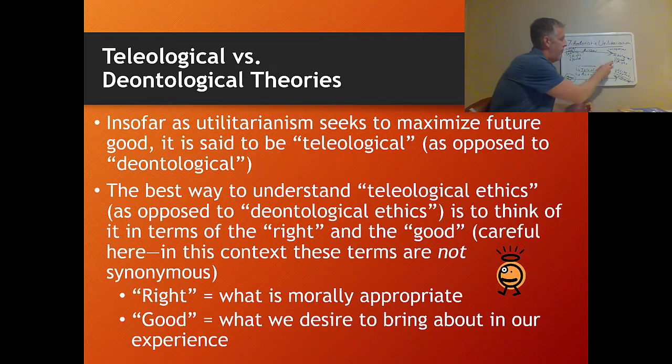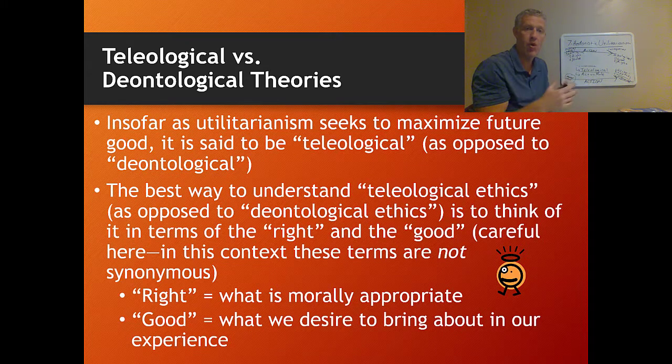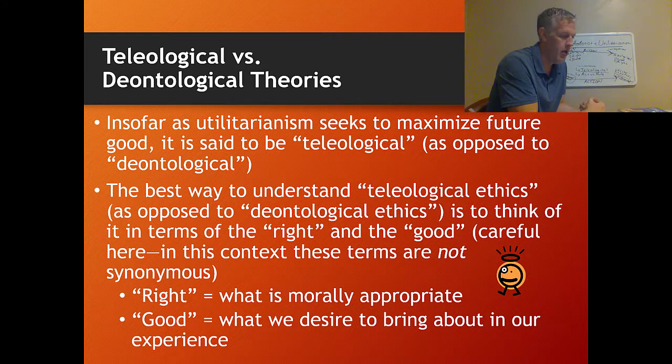So that's what we mean by what's good, however you define it. The idea is it's whatever you think we want to promote or bring about in our existence. Whereas what's right is what we ought to do in a moral sense. And as we'll see, of course, they're one and the same for the utilitarian. What is right or morally appropriate is going to turn out to be whatever promotes the greatest good.